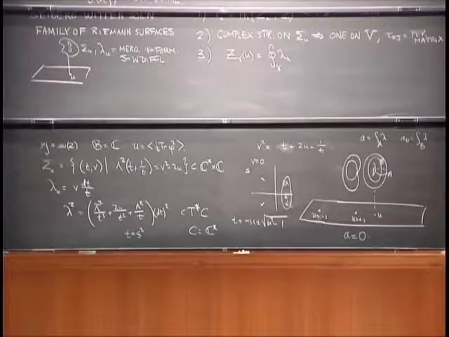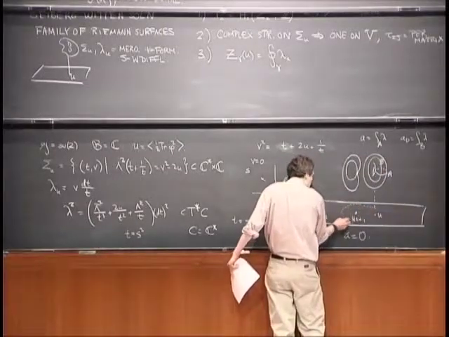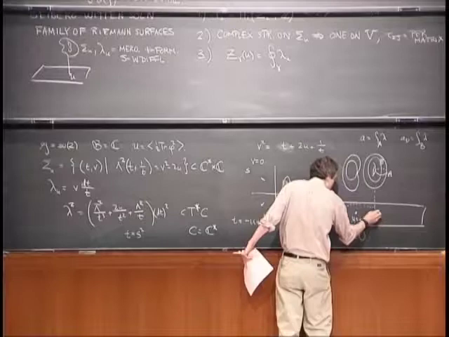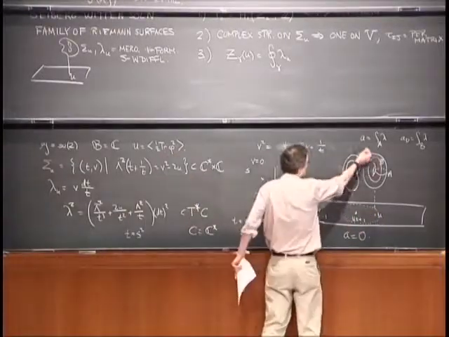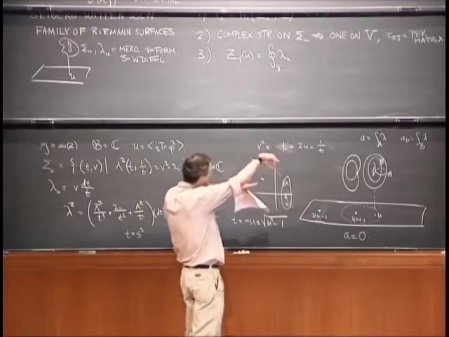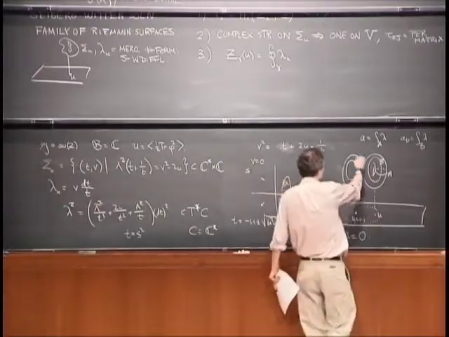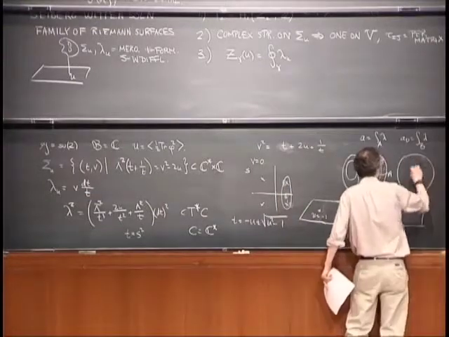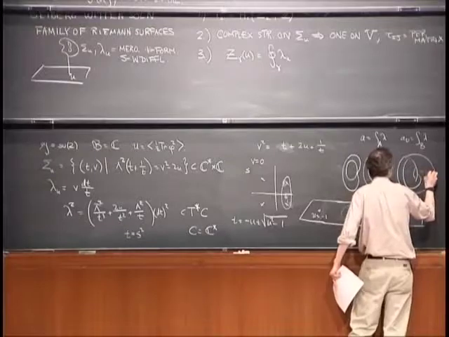Now, what happens is if you try and analytically continue around a singular point, what you'll find is that you bring this torus around and you smoothly keep choosing A and B cycles. What you'll find when you come back is that the new B cycle looks like this.